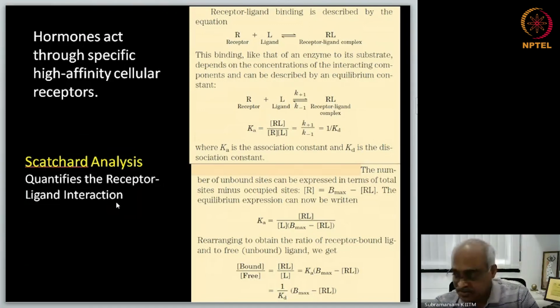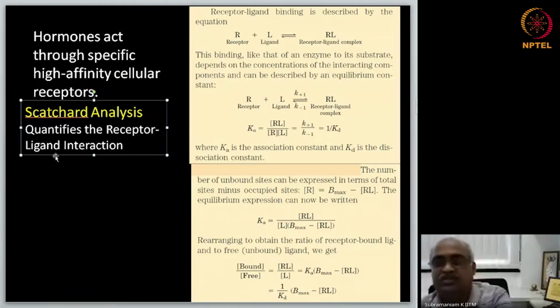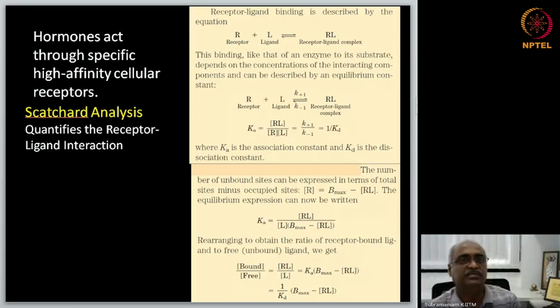So let me write this down. The rate of the forward reaction, I am going to call it R plus 1. This will be proportional to R times L, right?